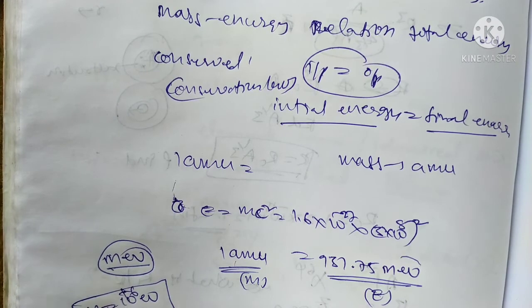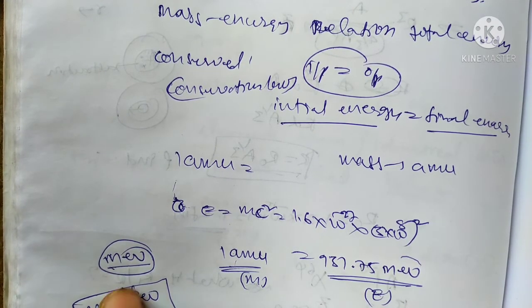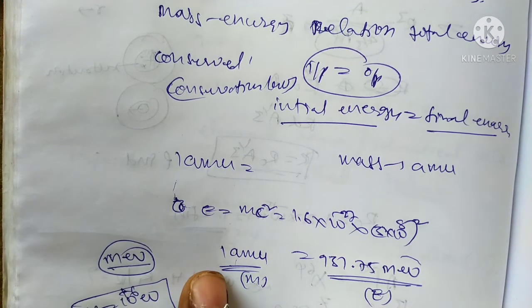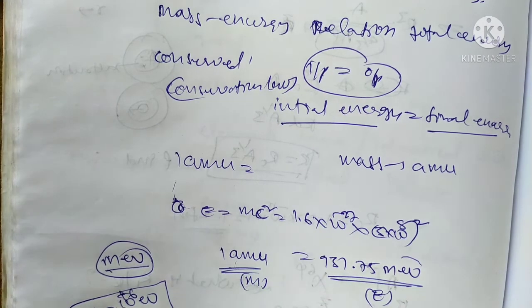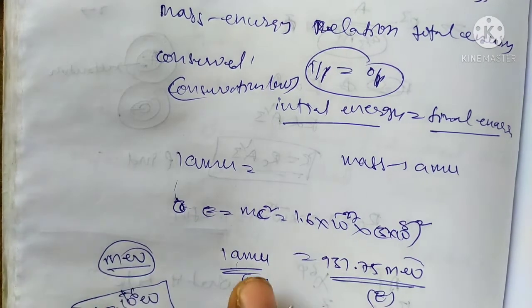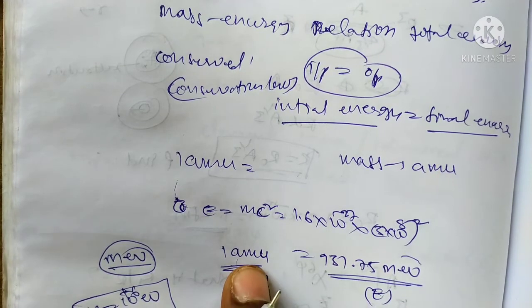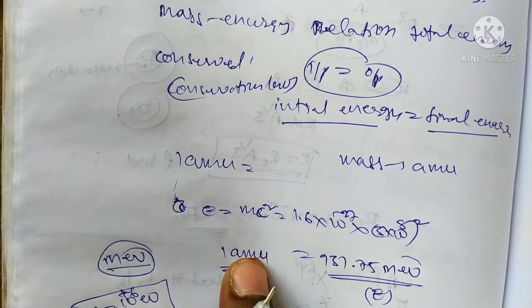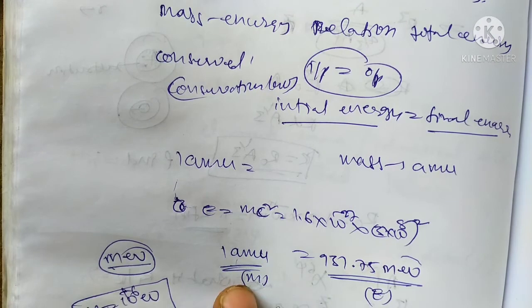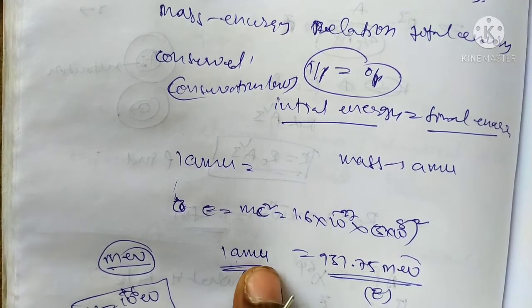Mega is nothing but 10 to the power 6. Every energy in the nucleus, whether absorbed energy, binding energy or emission energy, is in mega electron volts. Any mass, nuclear mass, reaction mass or particle mass, is measured in AMU.